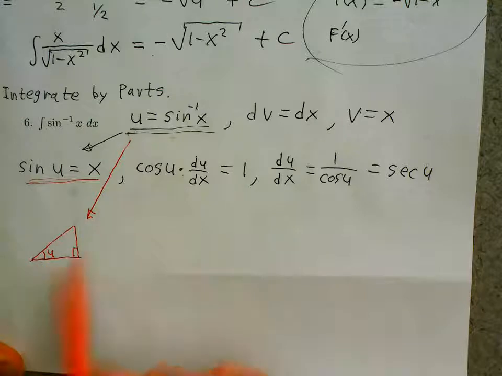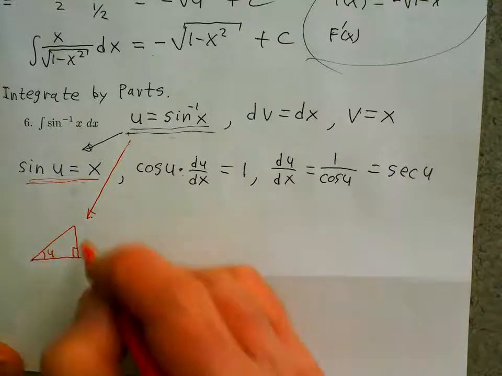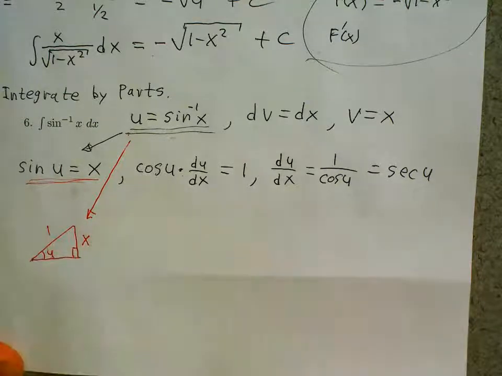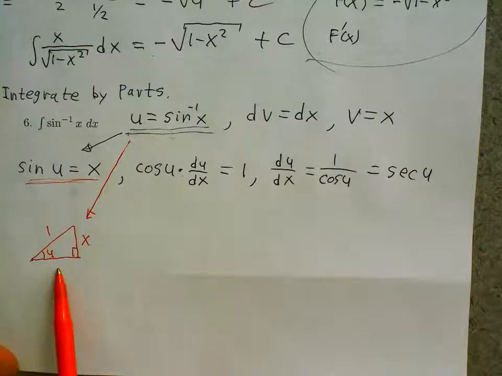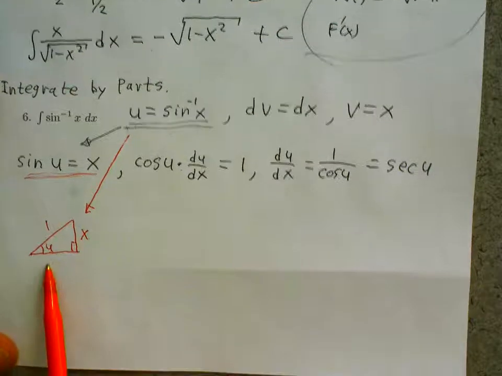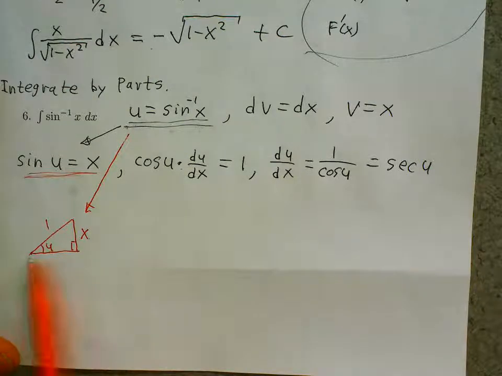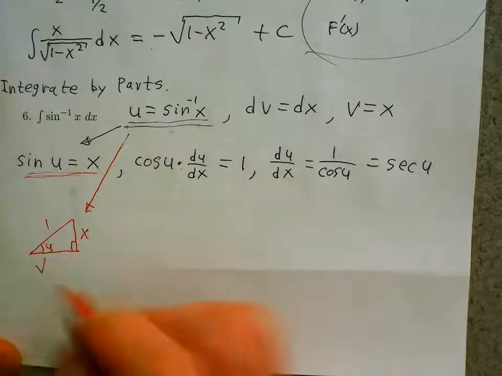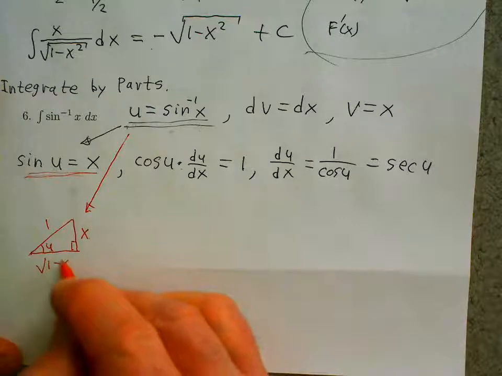Sine of u is opposite over hypotenuse, so x over 1 is what we write down for the opposite side and the hypotenuse. And then using the Pythagorean theorem, the adjacent side is the square root of 1 minus x squared.